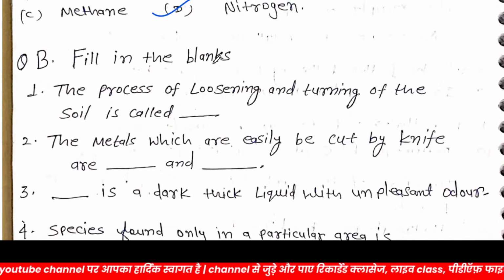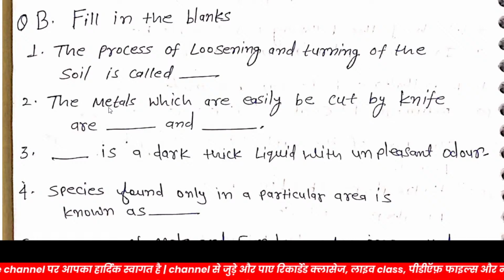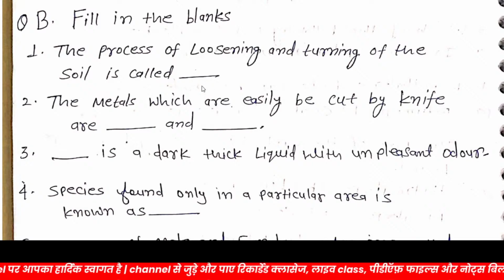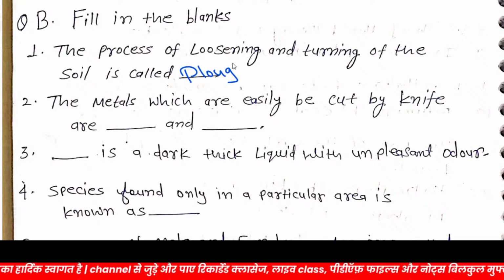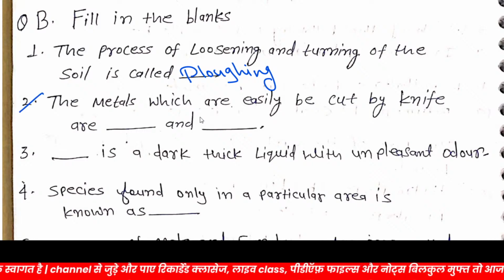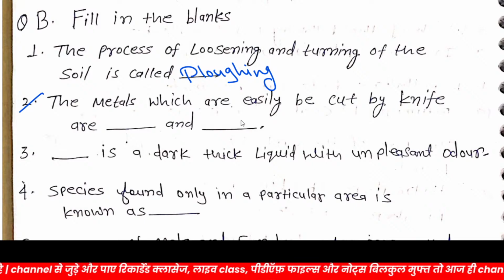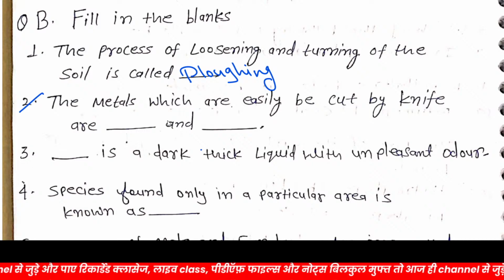Fill in the blanks. The process of loosening and turning of the soil is called ploughing. Next, the metals which can easily be cut by knife are blank and blank. It's sodium and potassium.